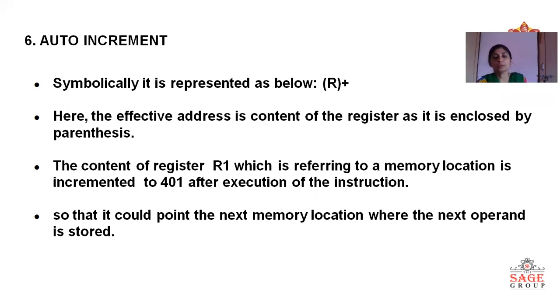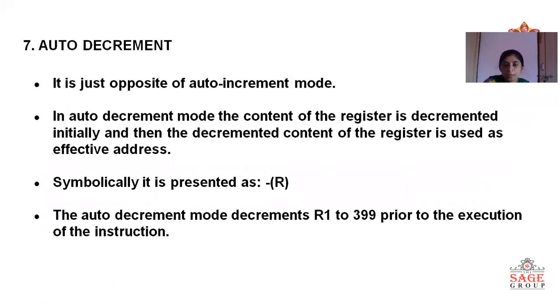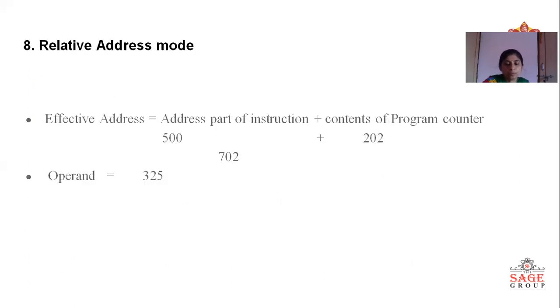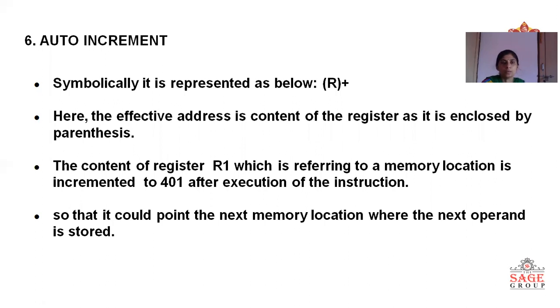In auto increment, the address will be incremented by one after the execution of the instruction, but in auto decrement there is one difference: it decrements R1 to 399 prior to the execution of the instruction.